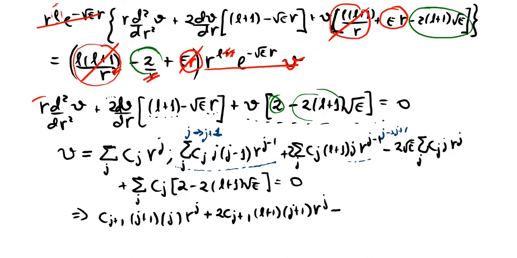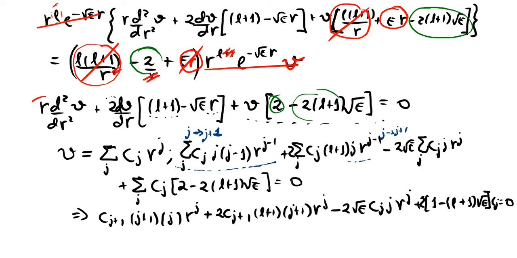Then there will be a third term which is 2, and finally the last term, I can put a 2 in front of it here, and 1 minus... and this is equal to 0, right? So all these terms that multiply r to the j should sum to 0.